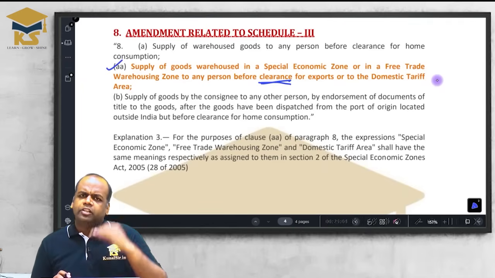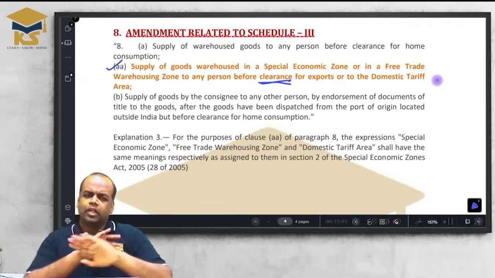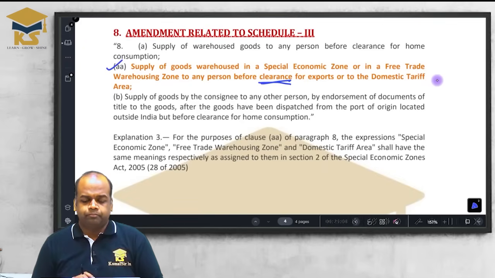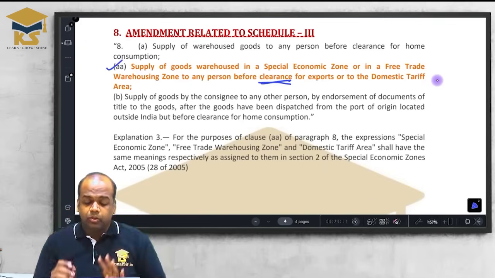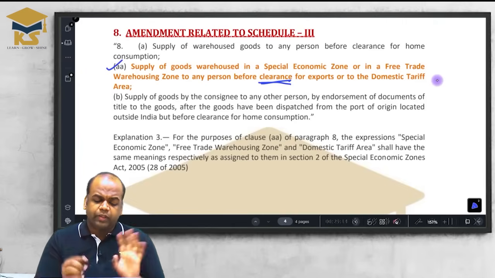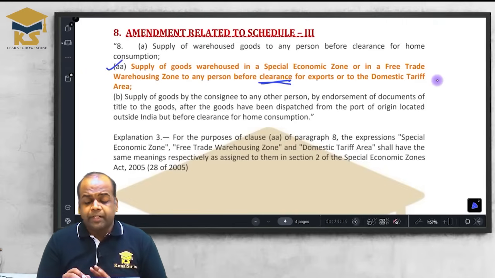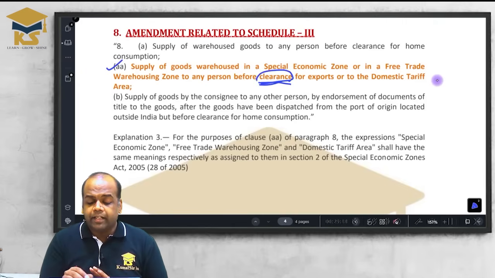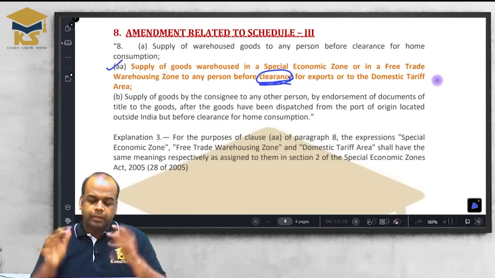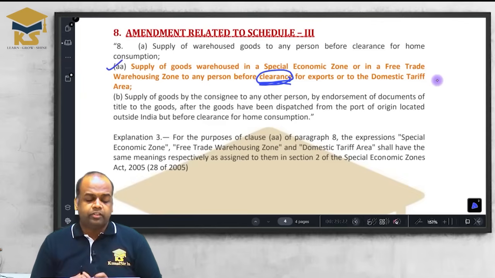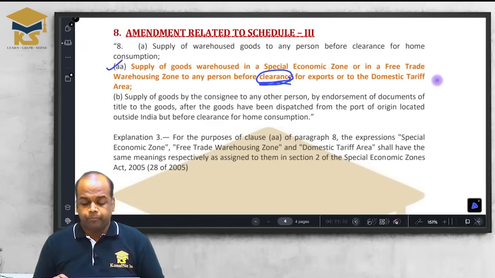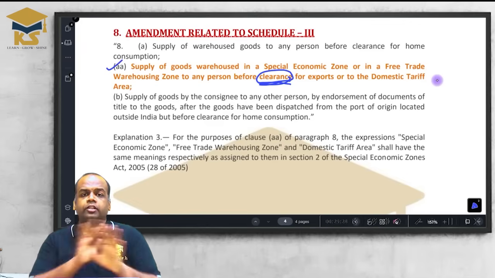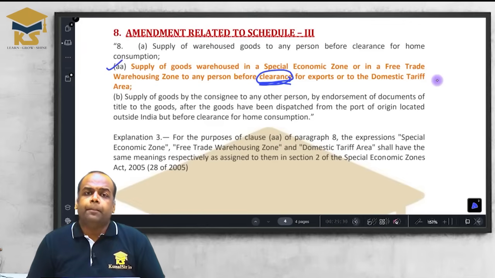So any transaction done before clearance is not a transaction. So supply of goods warehoused, anywhere, in a special economic zone or free trade warehousing zone to any person before clearance for export. Now clearance may be for export or to a domestic tariff area. We have covered this in detail in our videos also. Clear? So such a transaction will not be treated as supply.